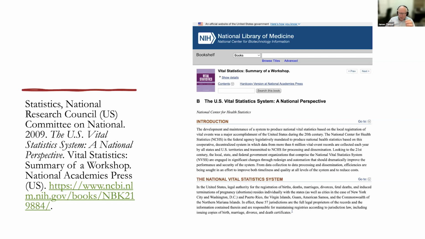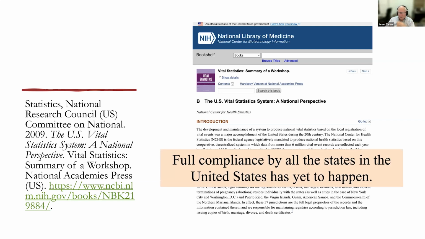So we have a lot of reasons. Full compliance by all the states in the United States is yet to happen. So even if you're thinking about someone who was born in the last 25, 30, or 50 years, there's still a very significant chance that there's no record made, that they managed to get born or married or died without ever having a record.